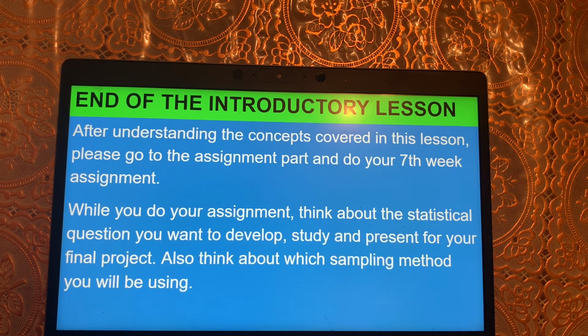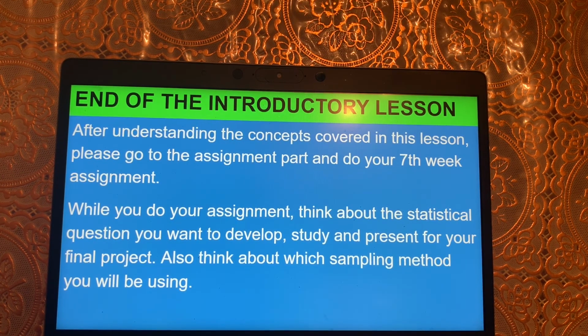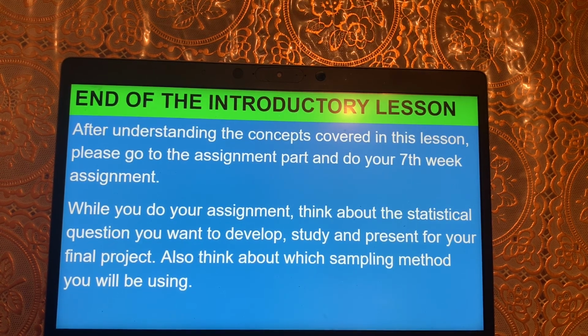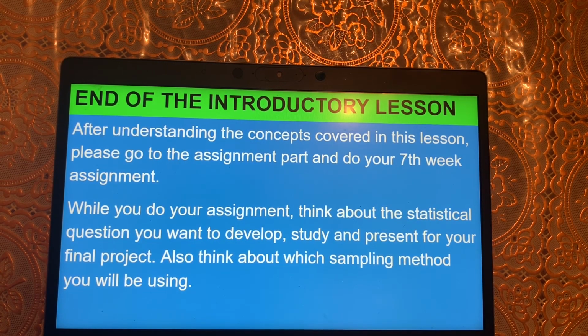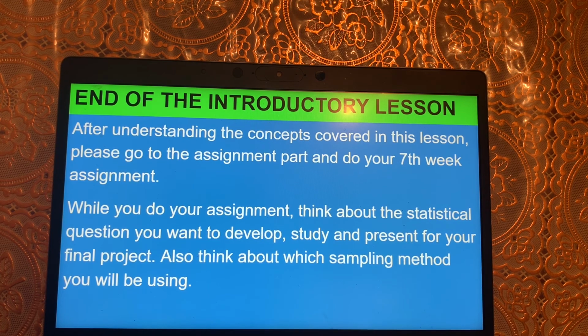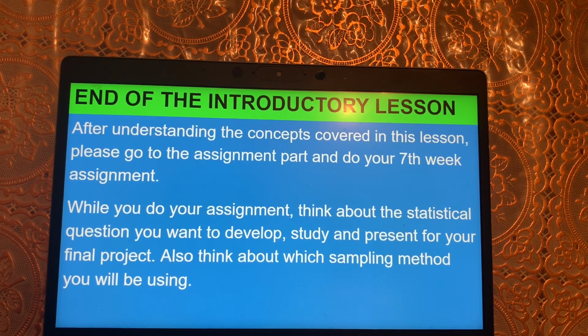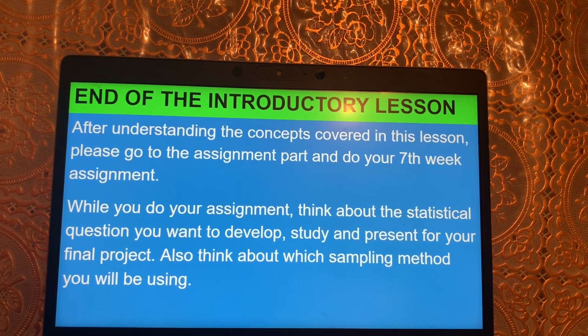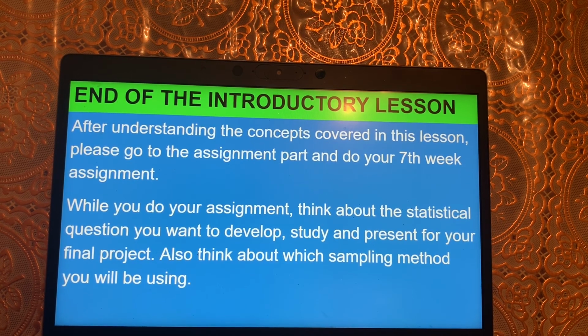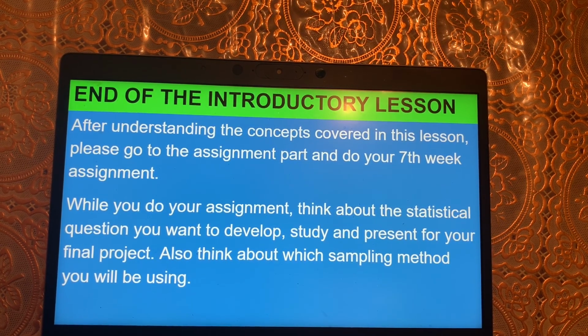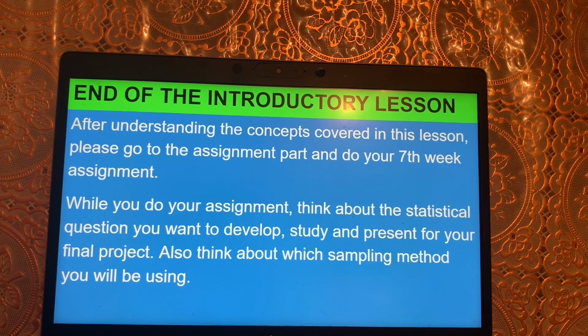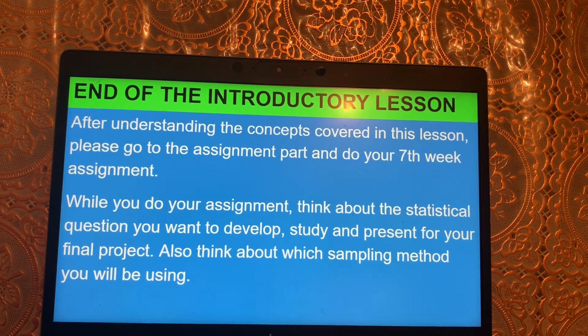After understanding these concepts, please go to your 7th week assignment and do that. While you do that, think about the statistical question you want to develop or study and present for your final project. Also think about which sampling method you will be using. Details for the final project will be given next week.